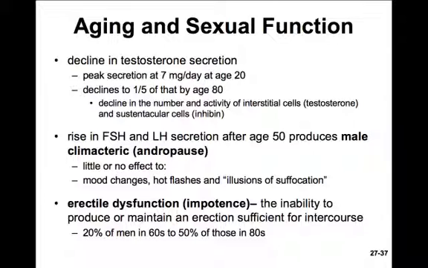It's interesting to note that even though there is impotence, these men are still generally able to ejaculate. So now add that to your diagram. The influence of declining numbers and activities of interstitial and sustentacular cells, and how they might influence FSH and LH secretions.